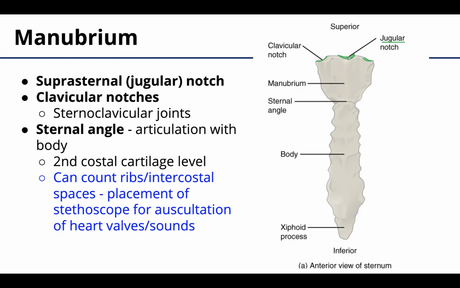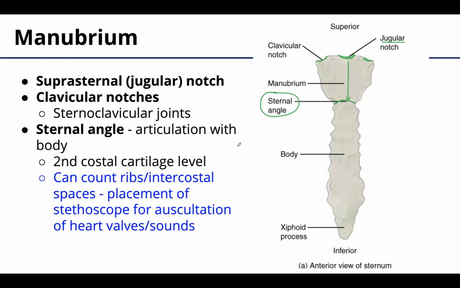Now, if you return to the jugular notch and move your finger inferiorly, you will palpate a slight anterior projection, caused by the articulation of the manubrium to the body of the sternum. This area is called the sternal angle.